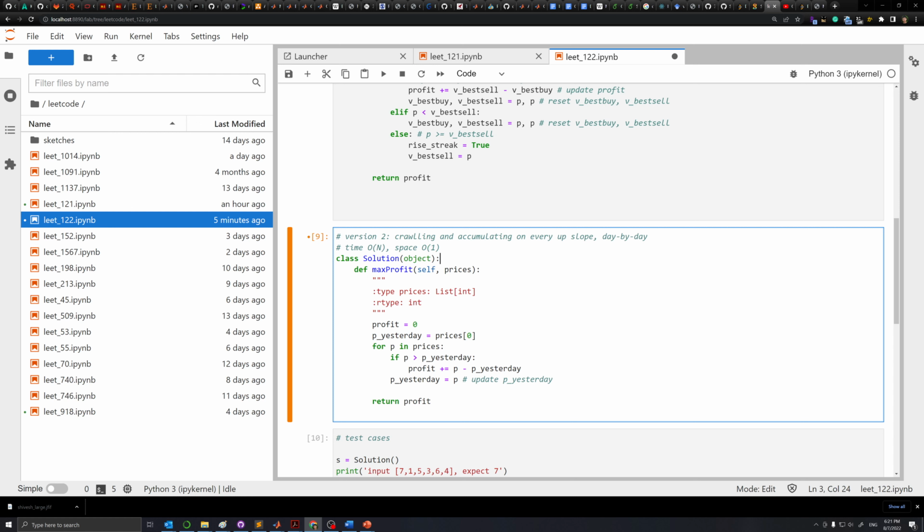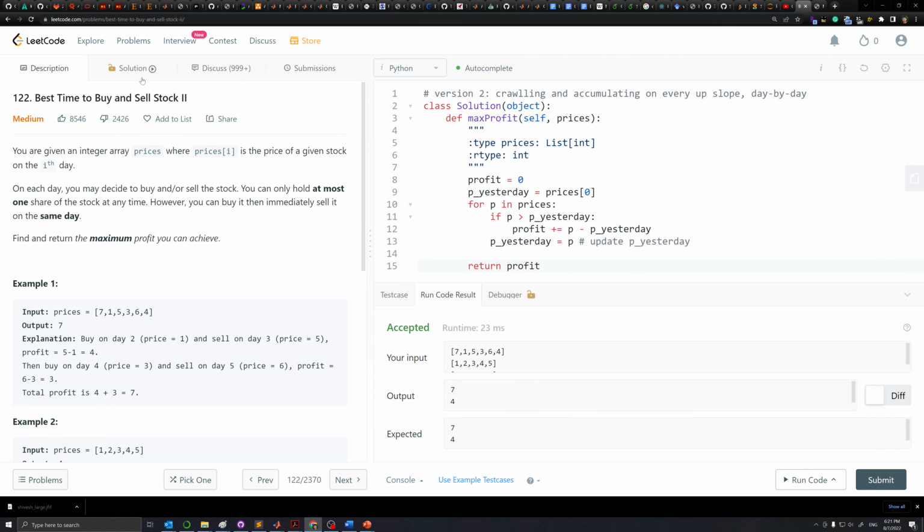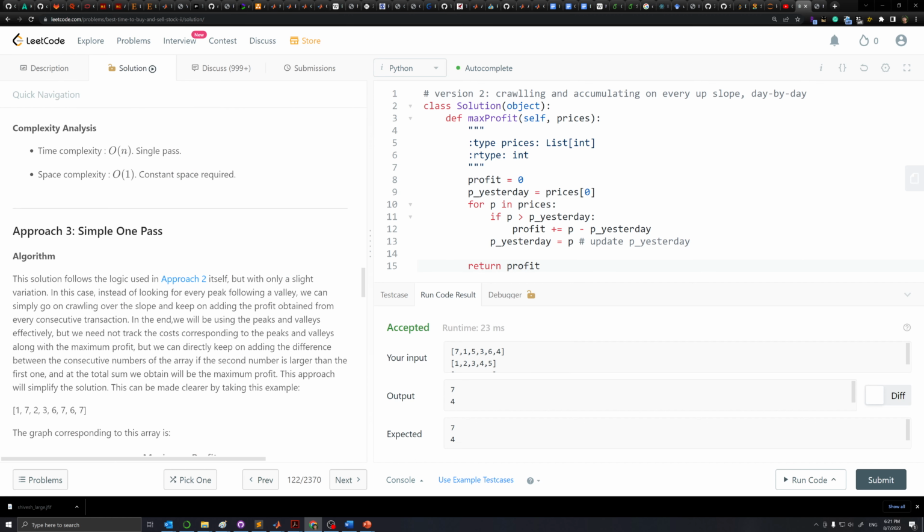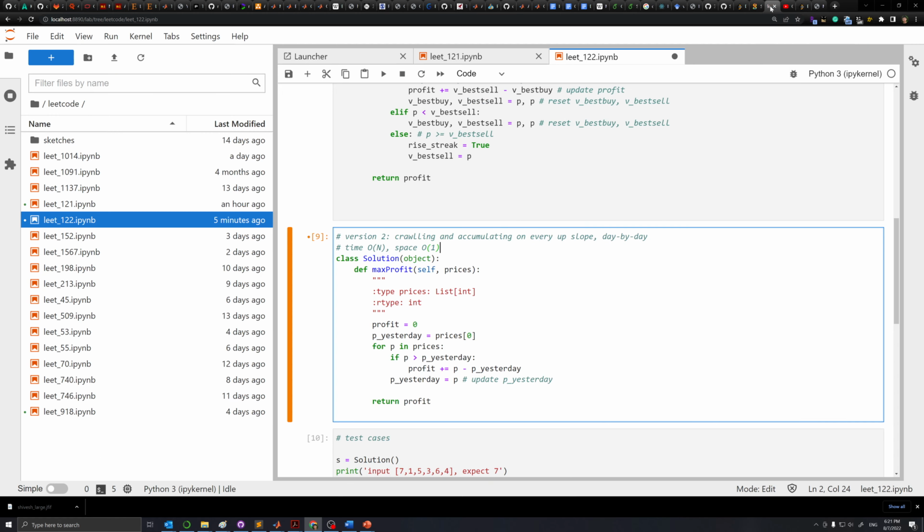The second solution came after we read somebody else's solution and found that this is also a good approach. They call it simple one pass. Well, simple one pass just means somebody tried it once and it worked; it doesn't mean there's anything specific to the algorithm.